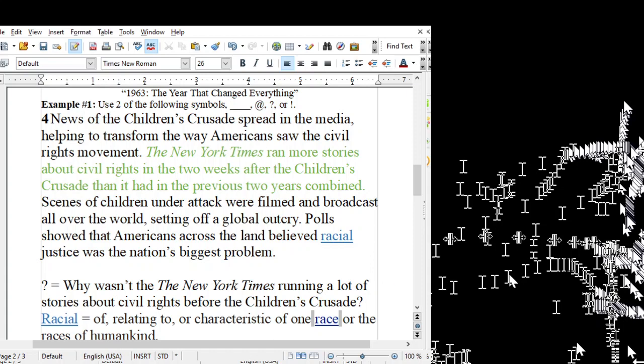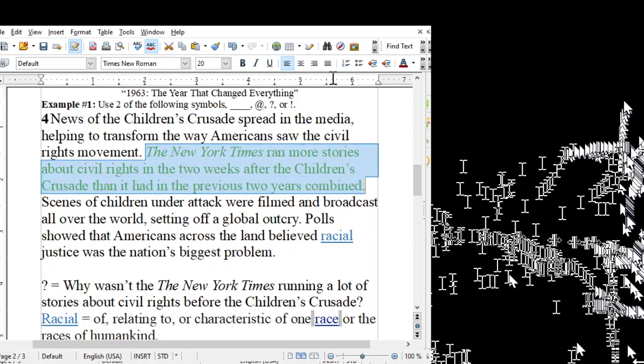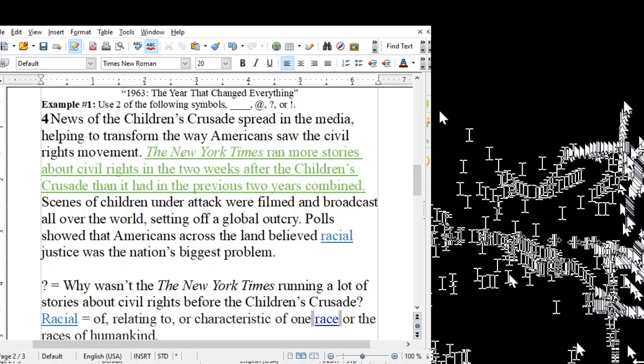So the question mark, this sentence right here, if we were in the building and you were writing in your book, I would have underlined this sentence. So it would have looked like this in my textbook, underlined. And it would not have been in green.